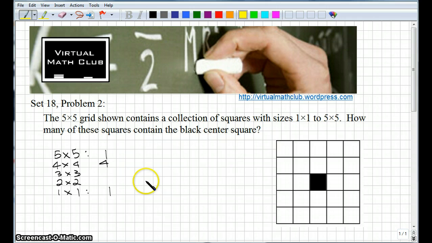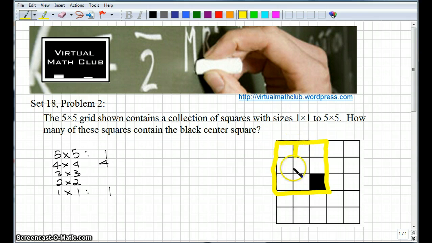Oh, and I don't know that I mentioned, but obviously all of the 4 by 4 squares include that black square, because that's what we're trying to find, the squares that include the black square in the center. And you can't get away from the black square when you've got a 4 by 4 square. Okay? So let's look at 3 by 3s. I think it's the same issue there, because this black square is only 2 away from each edge.